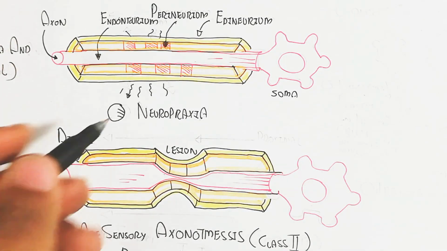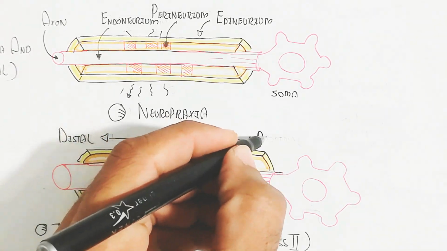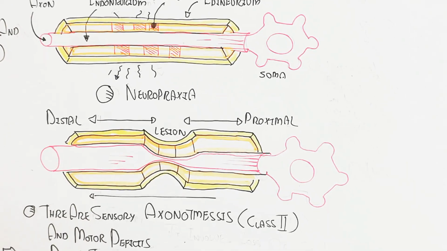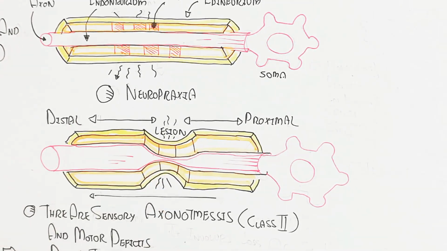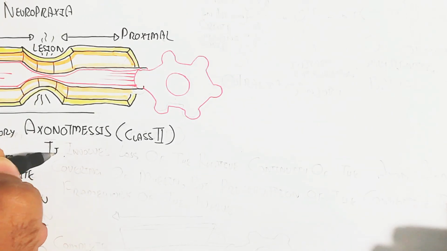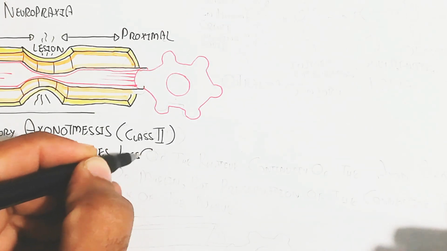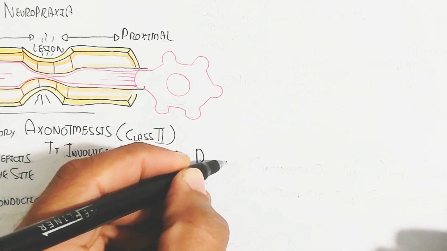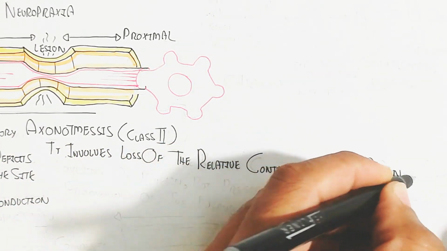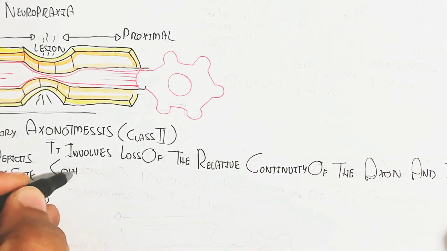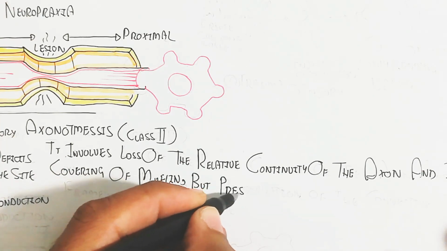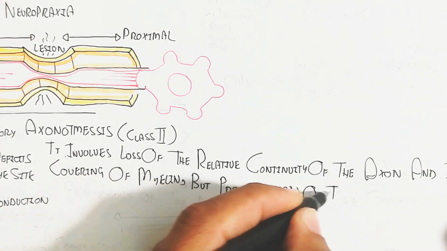There are sensory and motor deficits distal to the site of the lesion. So there is no nerve conduction, and there are sensory and motor deficits distal to the site of the lesion. This is the proximal side, this is the distal side, and this is the lesion. It involves loss of the relative continuity of the axon and its covering of myelin, but preservation of the connective tissue framework of the nerve.